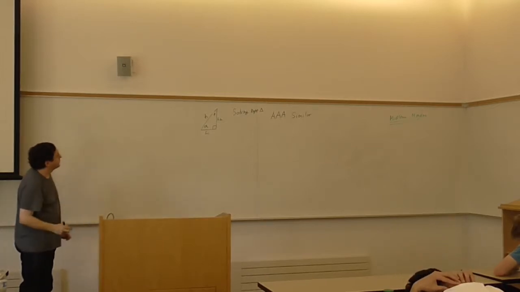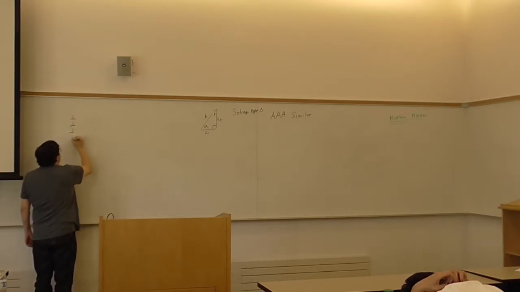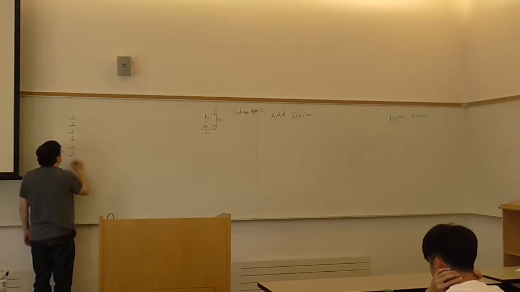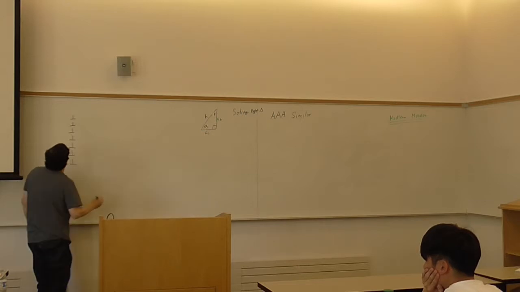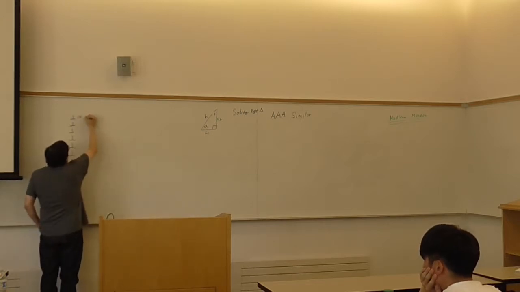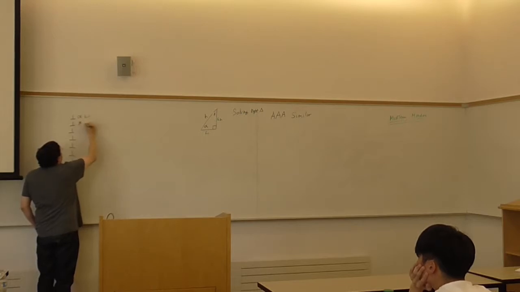Let me start over. In all cases, I have a right angle that I know, right? So that's one. So I might know alpha and L1. I might know beta and L1. I might know alpha and L2. I might know alpha, L1 and L2.